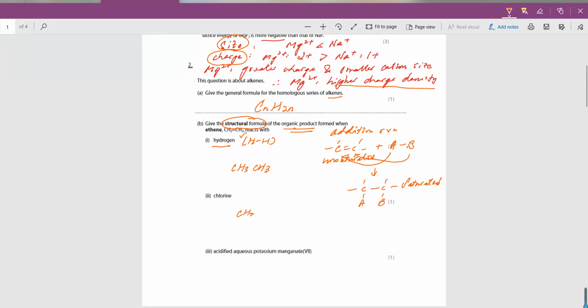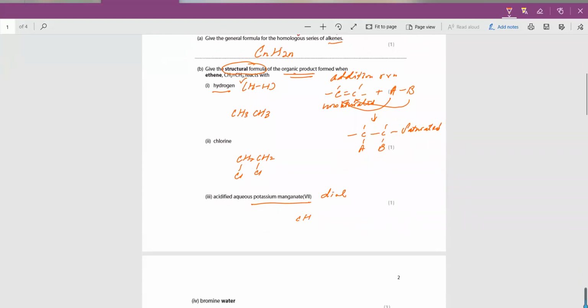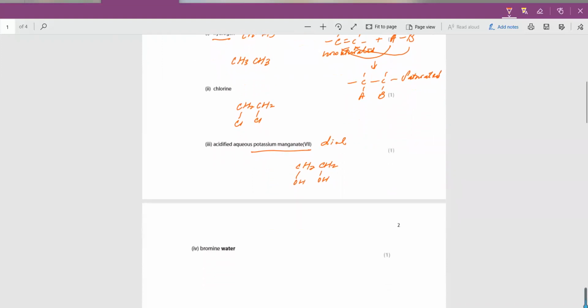Chlorine as well, it becomes like that. If you remember, this will form a diol: ethane-1,2-diol. Bromine water as well. This is quite complicated because the bromine is not dissolved in the organic solvent.